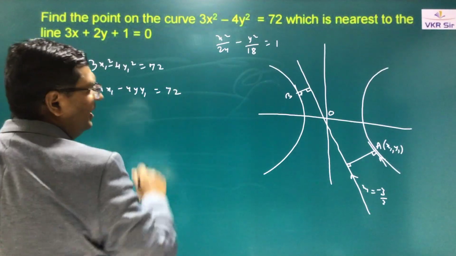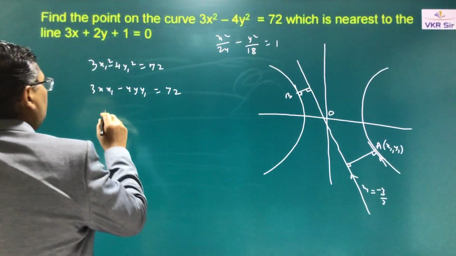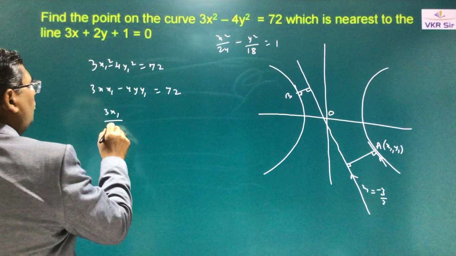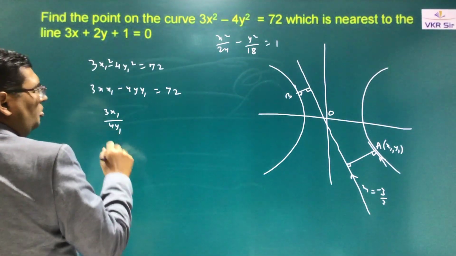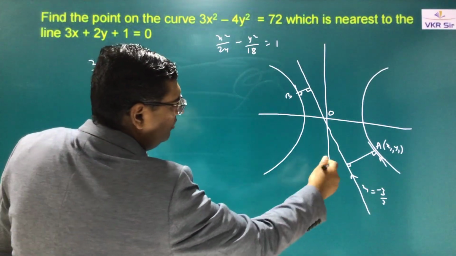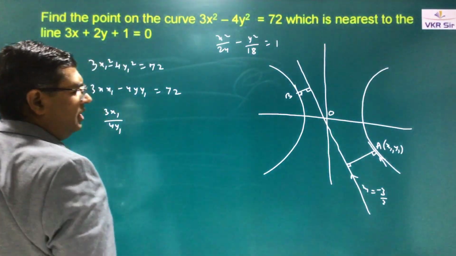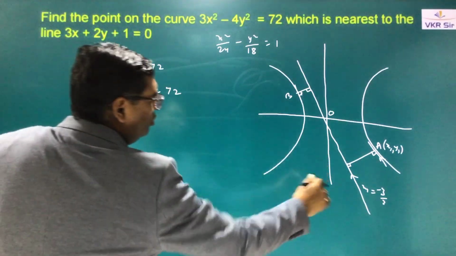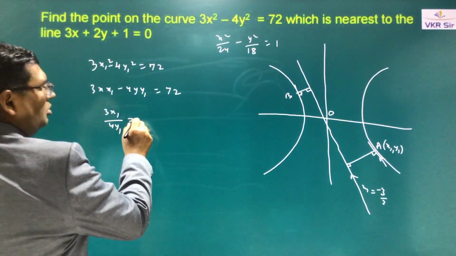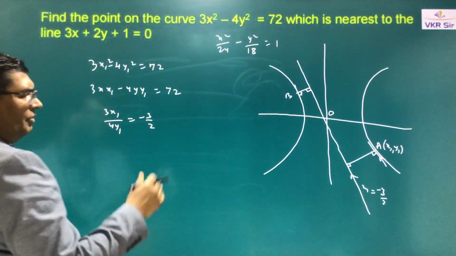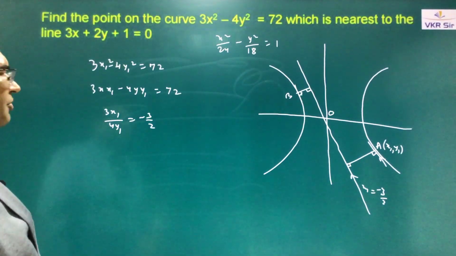This is the tangent at A, and its slope is how much? 3x1 by 4y1. All right. This slope should match with the slope of this line, because we have a parallel tangent. The tangent is parallel to this line. So this will be equal to minus 3 by 2.